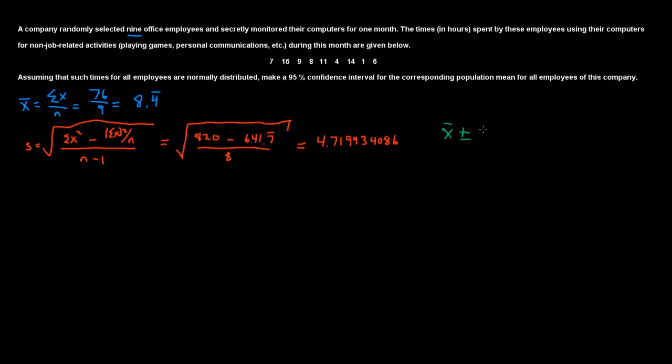Now, when we do not know a population standard deviation, we use the t distribution. So it's t instead of z, and then times the sampling distribution standard deviation. So we know x bar, that's 8.4 repeating. Now we don't know t, and we are very close to finding the standard deviation of the sampling distribution.